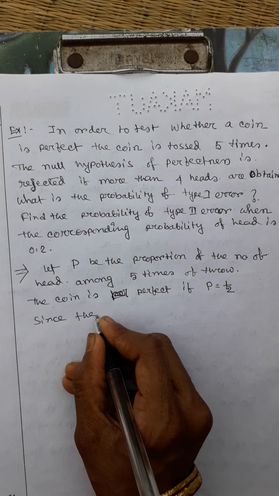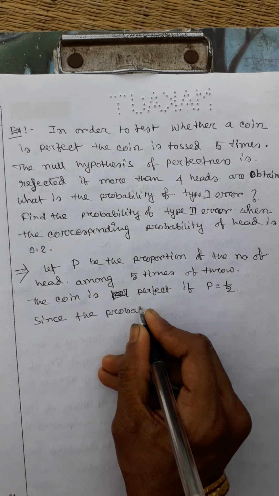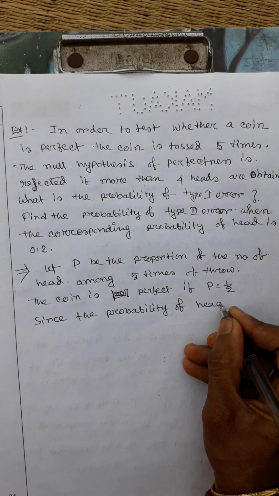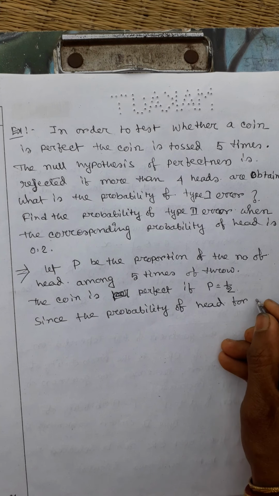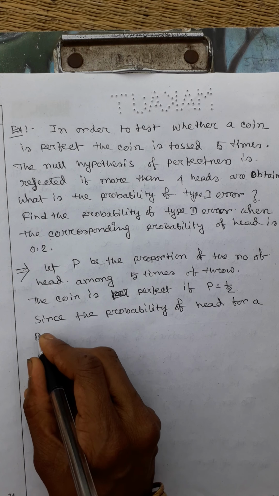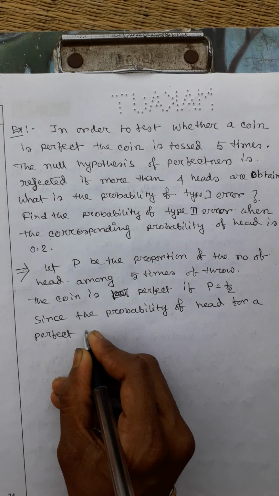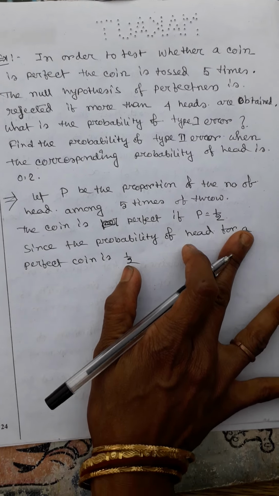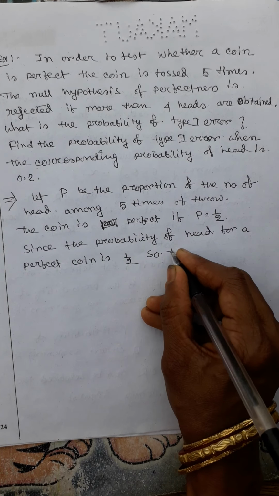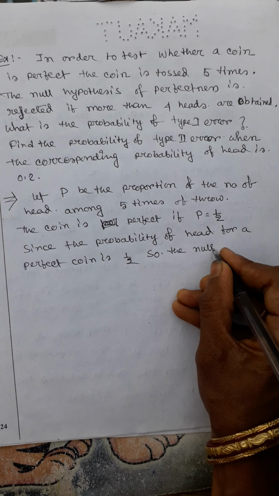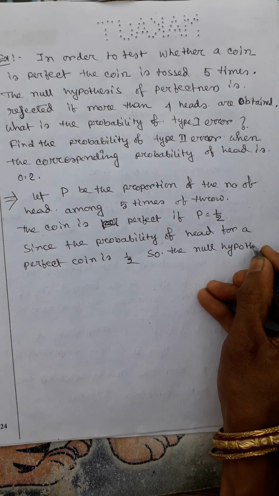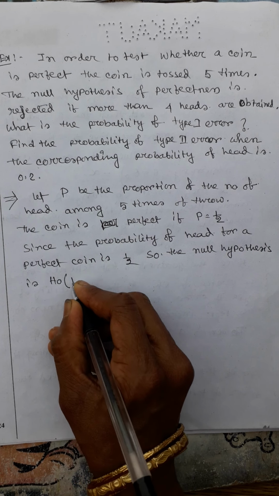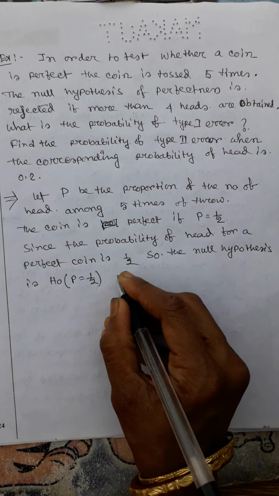Since the probability of head for a perfect coin is half, the null hypothesis is H0, that is P equals half.